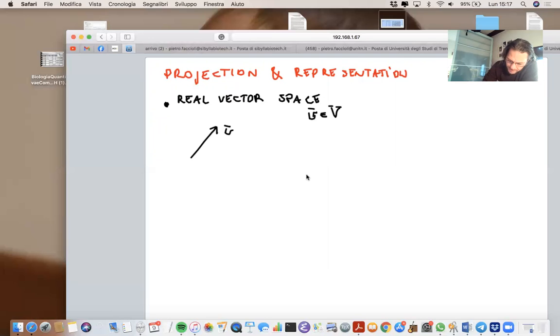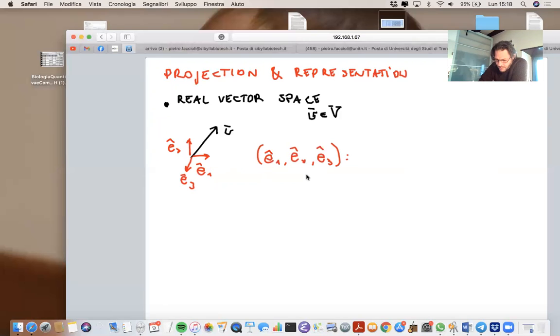But then I can define a basis, which I will call, in this case, e1, e2, but in general there are n elements depending on the dimension of the vector space. For instance, e1, e2, and e3 for the vector spaces that are relevant for classical mechanics in 3 dimensions. So we define 3 basis vectors, and normally they are chosen to be orthogonal.